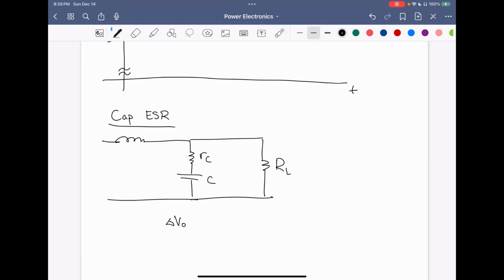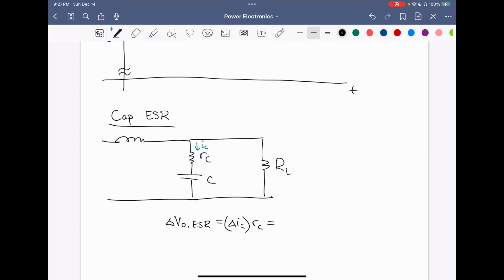This term we can express as the output voltage ripple due to the ESR. And that's going to be equal to, because we know the current here is IC, which is equal to the inductor current ripple, we will get that the voltage drop across this ESR is equal to delta IC times the ESR value.